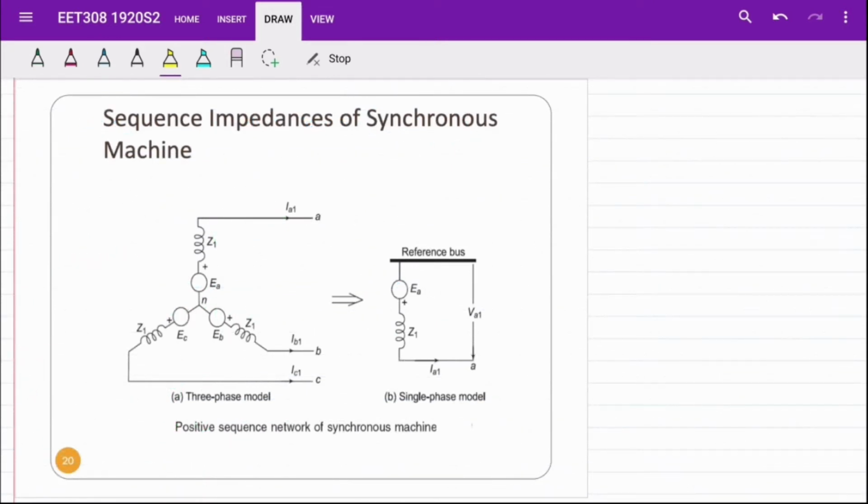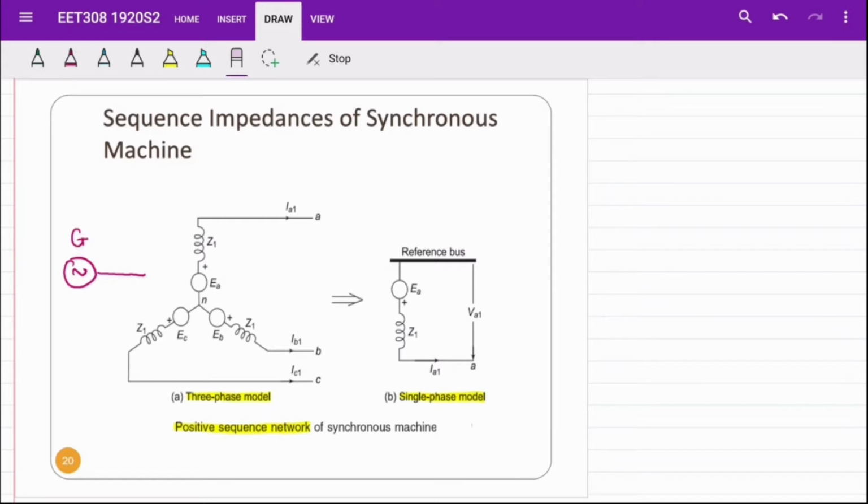The figure shows the positive sequence network of the synchronous machine, where figure A is the 3-phase model and figure B is the single-phase model. In the one-line diagram, we can represent this synchronous generator with this symbol. So this is the symbol for the generator in the one-line diagram.